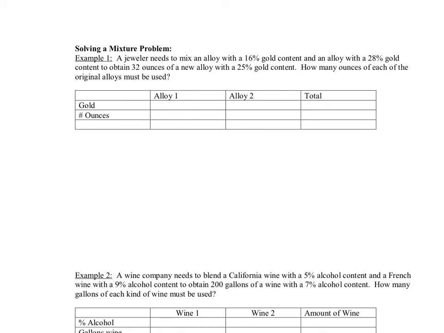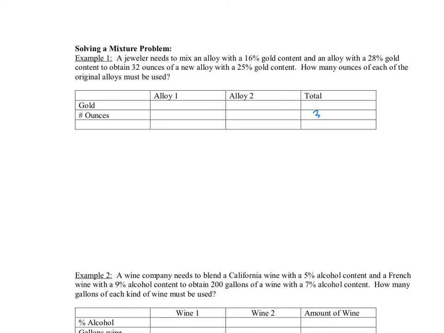All right, solving a mixture problem. A jeweler needs to mix an alloy of 16% gold and an alloy of 28% gold to obtain 32 ounces. Okay, first time we've seen ounces.